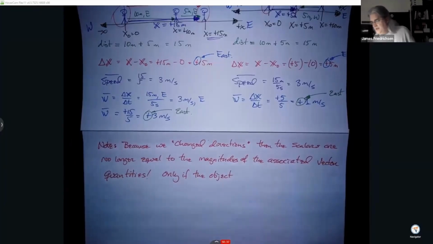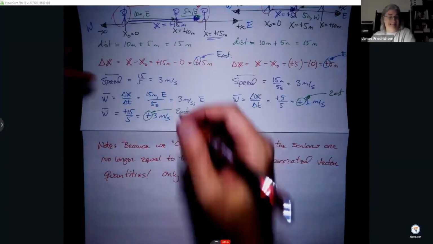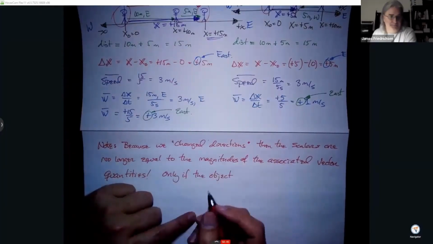So only if the object continues to move in a straight line will they be related like that, like we saw in case 1.